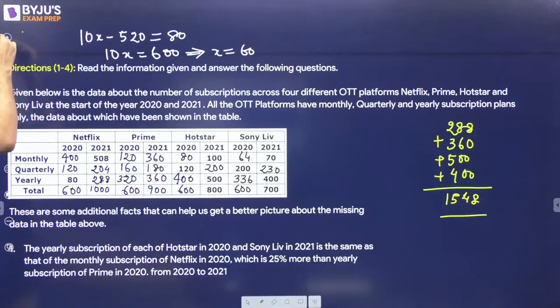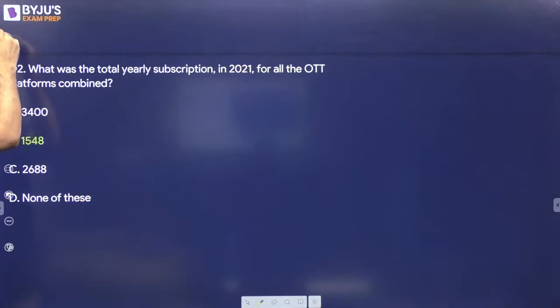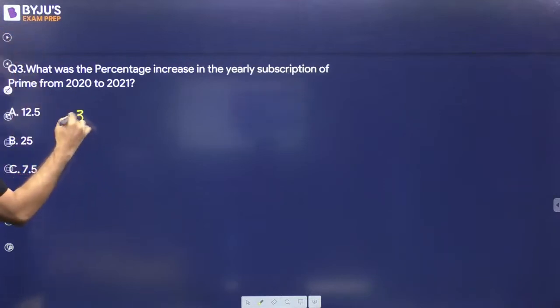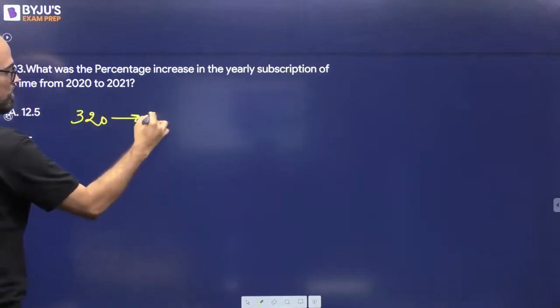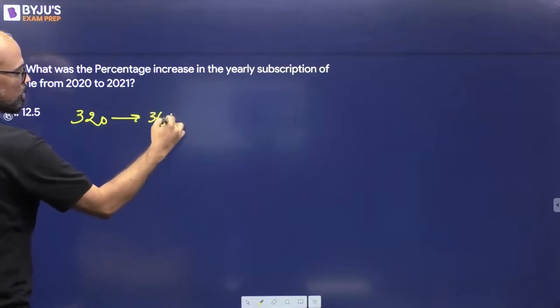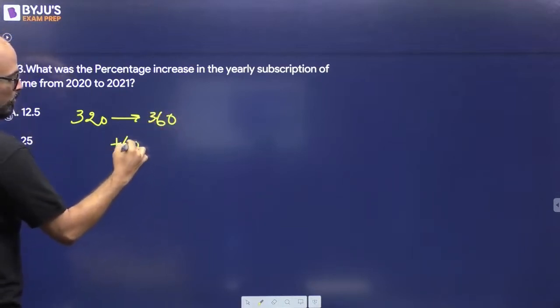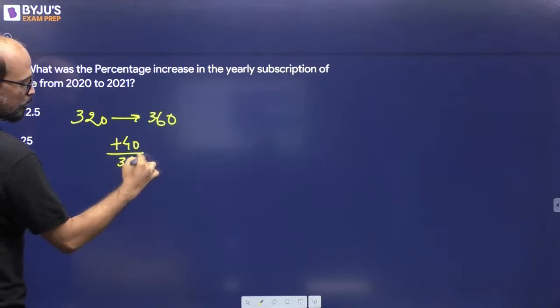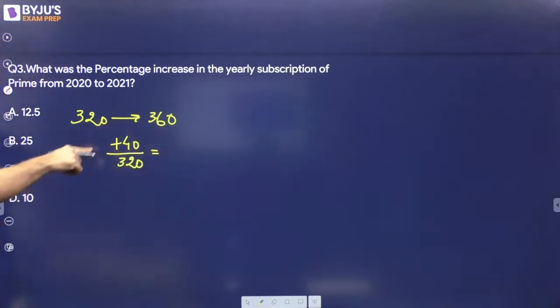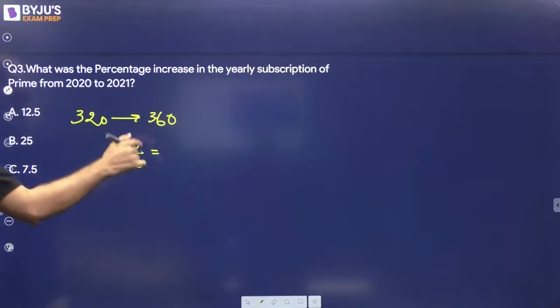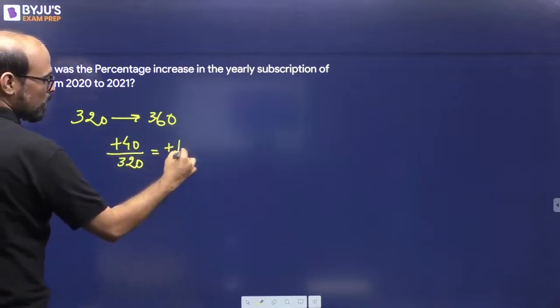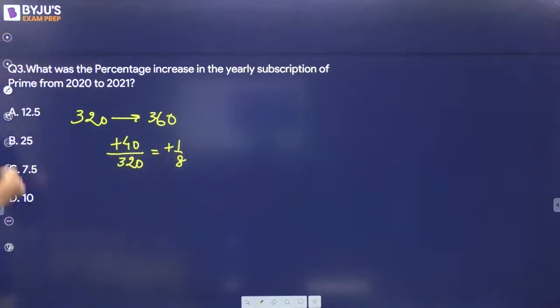Yearly का 320 to 360. So when 320 it changes to 360, can we say there is an increase of 40 over 320, and this is in fraction, it is going to be 8 into 4, so this is an increase of 1 by 8, and 1 by 8 is nothing but 12.5 percentage. So हमारे पास आंसर आ जाएगा A.